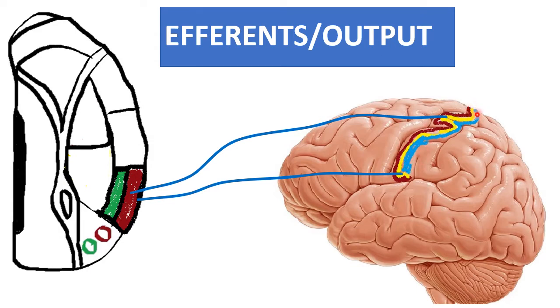Okay, so the upper part of the postcentral gyrus is connected to the lower limbs, and the lower part is connected to the face and the head. It almost reaches the posterior ramus of the lateral sylvian fissure.